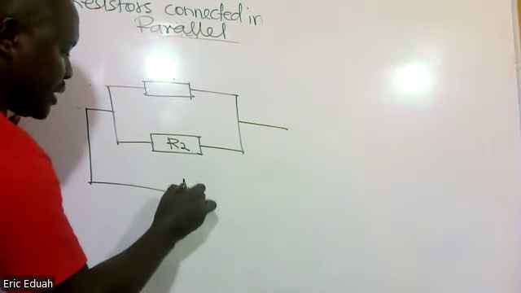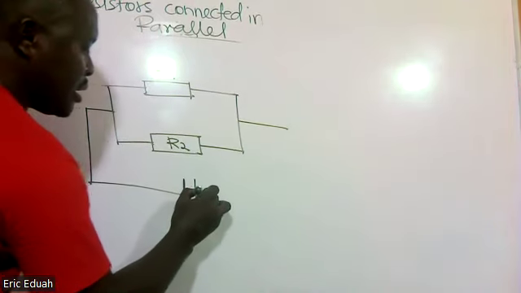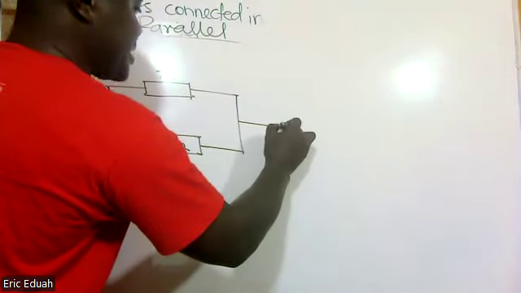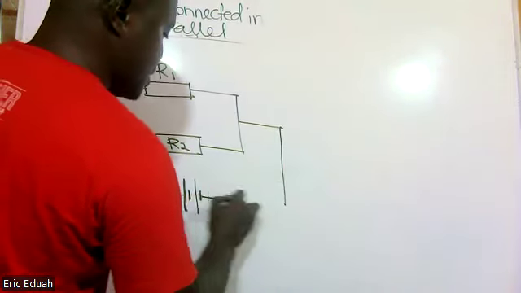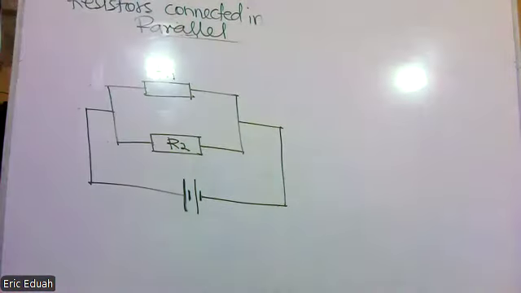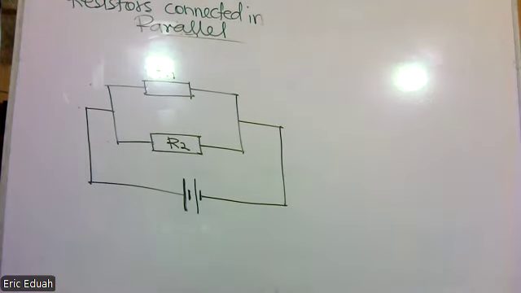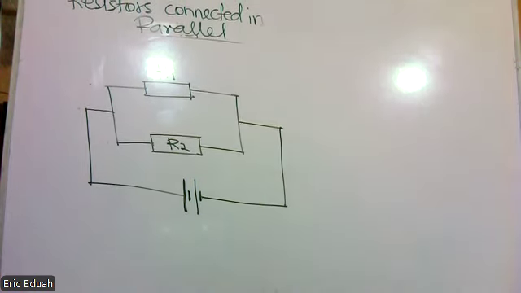What we are doing is about direct current. So the source must be represented as either a battery, whether dry cell, wet cell, or solar cell. These are sources of DC.